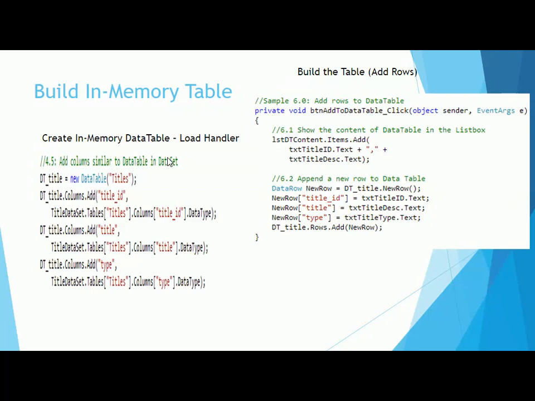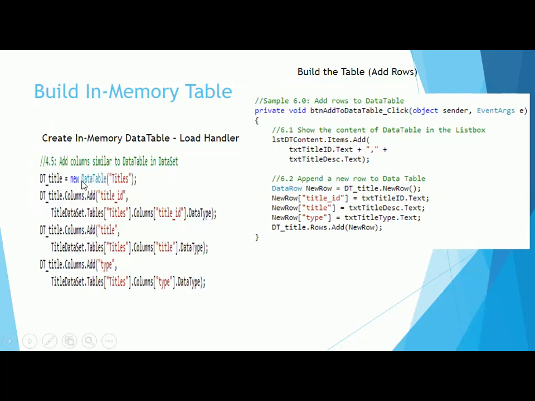In code snippet 4.2, we are actually applying the constraint to the data table. And in 3 and 4, we are doing the other stuff, that is setting the data source property of the data grid view, all the stuff. In 4.5, this is the extra code that we are going to add in the load button handler.